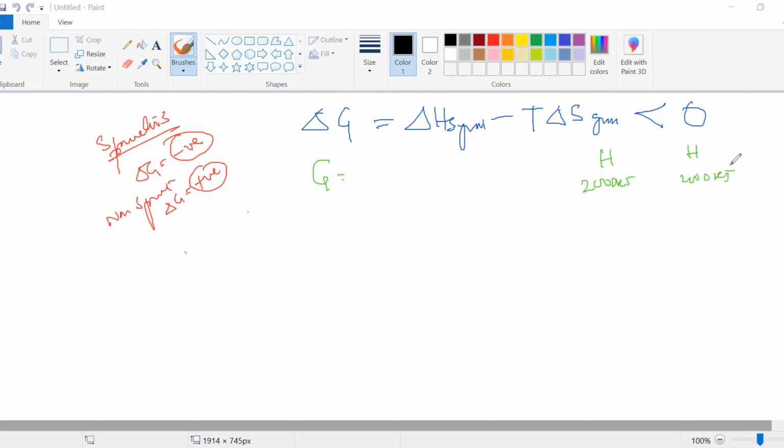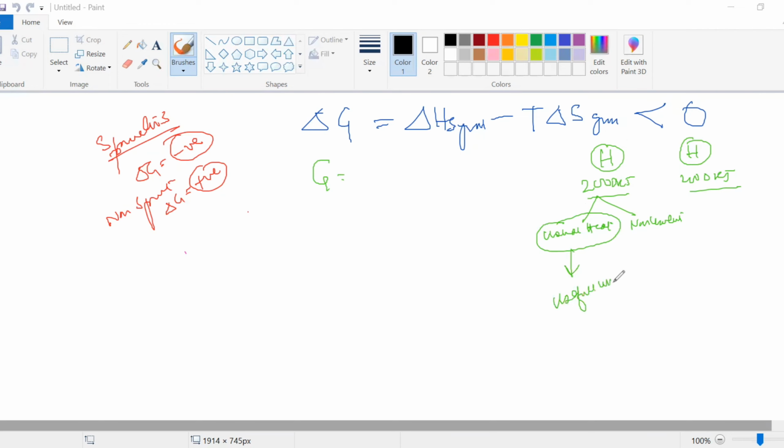From these two different heat sources we are getting the same amount of heat. In a heat, you have got two parts: usable heat and non-usable heat. This usable heat is converted to useful work.